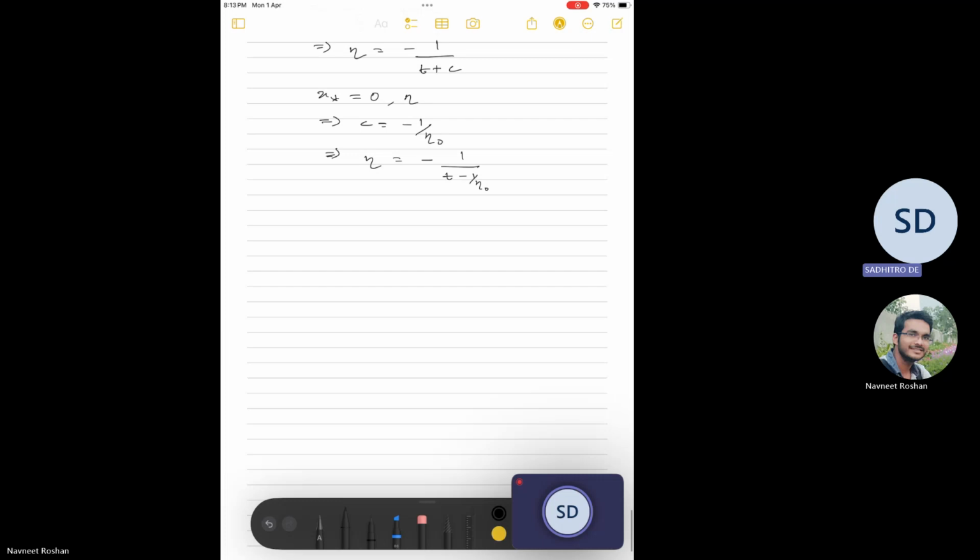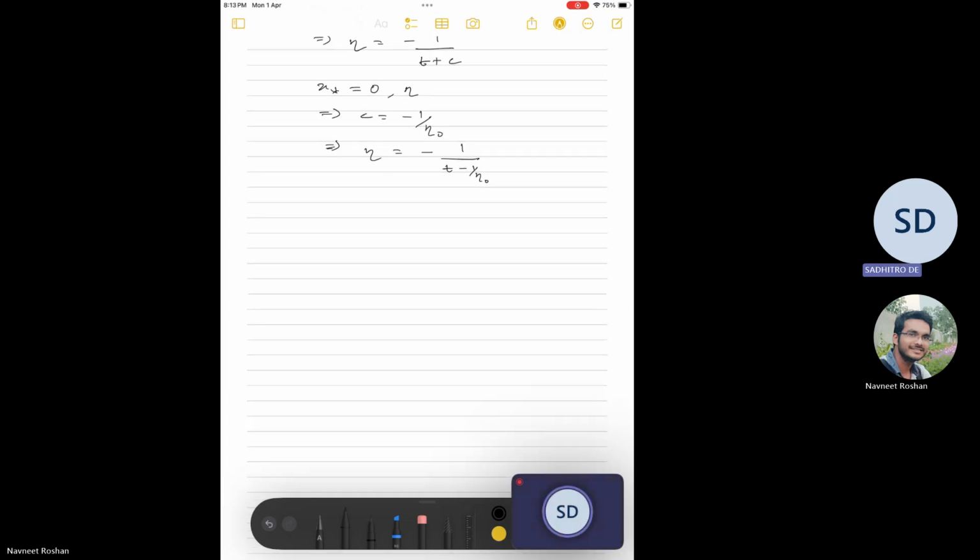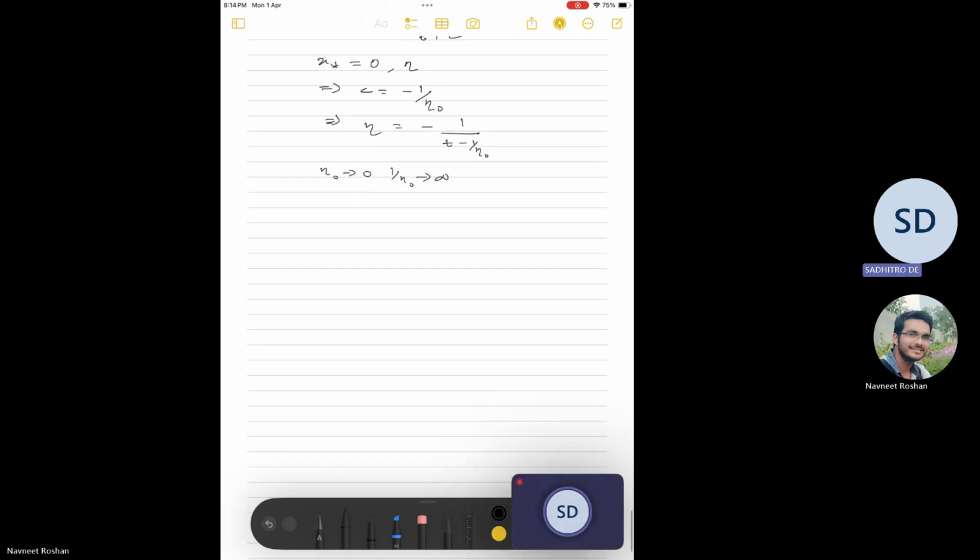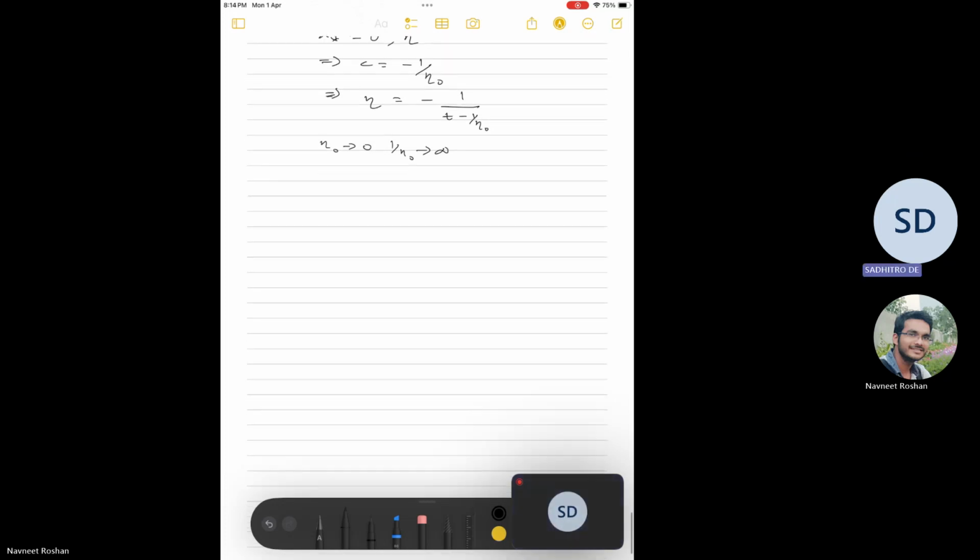Now if eta 0 is a positive quantity, and if eta 0 goes to 0, that means that 1 by eta 0 goes to infinity.